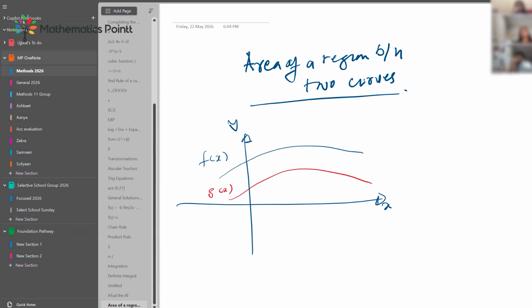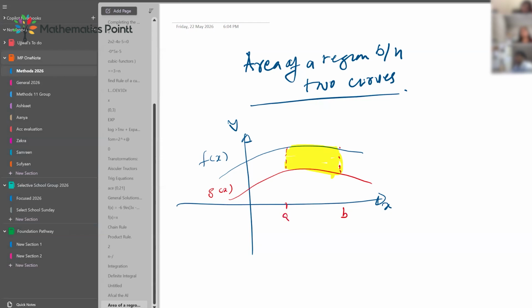And I have to find the area between A and B, between the curves, not under any curve. The area that's sandwiched between the curves, which means I'm talking about this bit between the curves. So it's very, very simple.